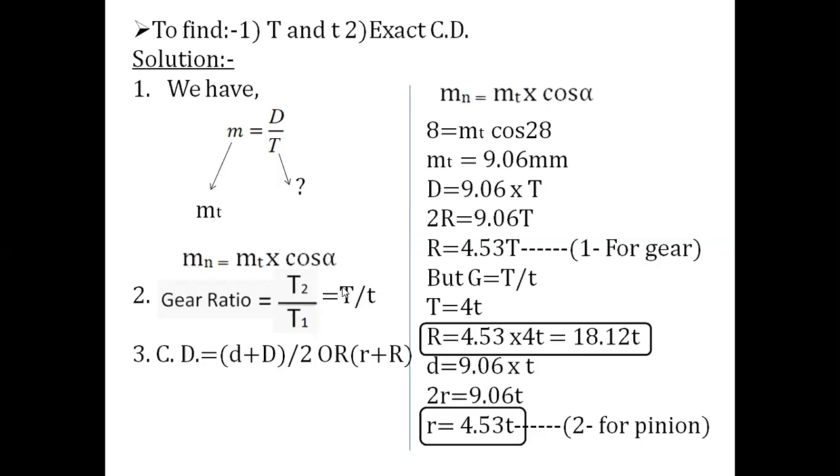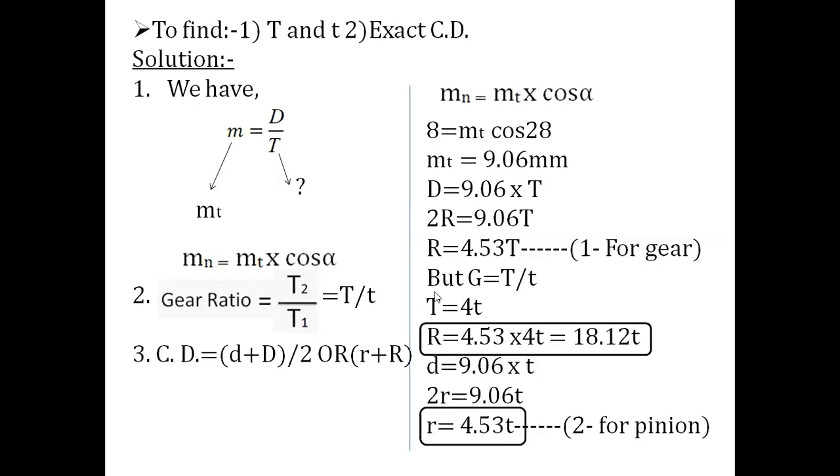What is the driven wheel? That is capital T. Capital T we are using for the gear. So the gear ratio is equal to the number of teeth on the gear divided by the number of teeth on the pinion. So putting that value of G here, we can find out capital T. Capital T is equal to 4 into small t.